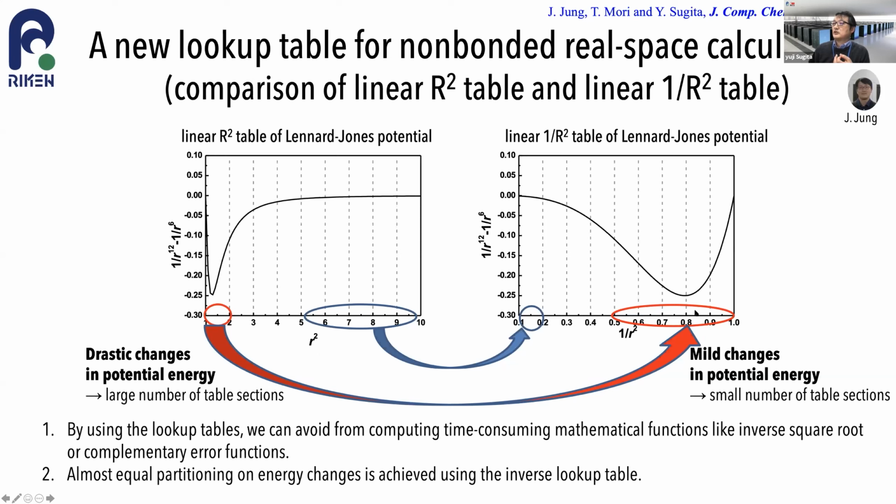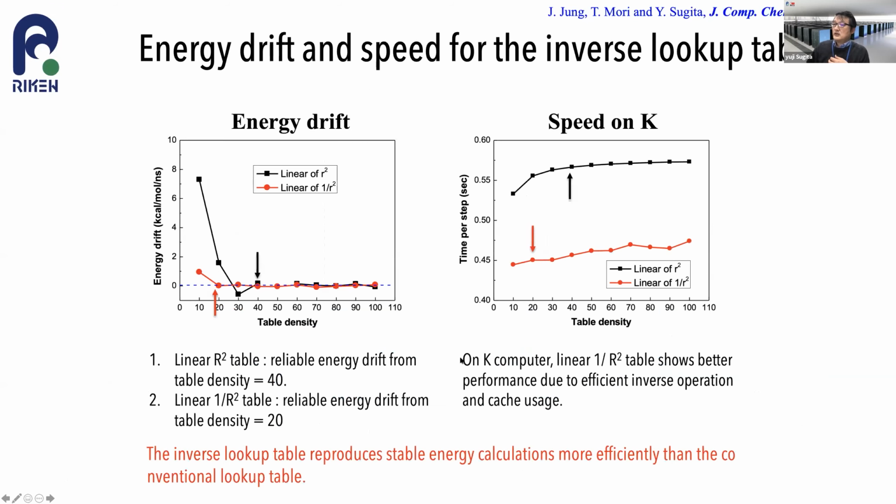You can cover it with a small number of points to approximate this function with a lookup table. And in fact, if we compare the energy drift, that approximation, and also computational time, this inverse R squared is much better in terms of the accuracy and speed.